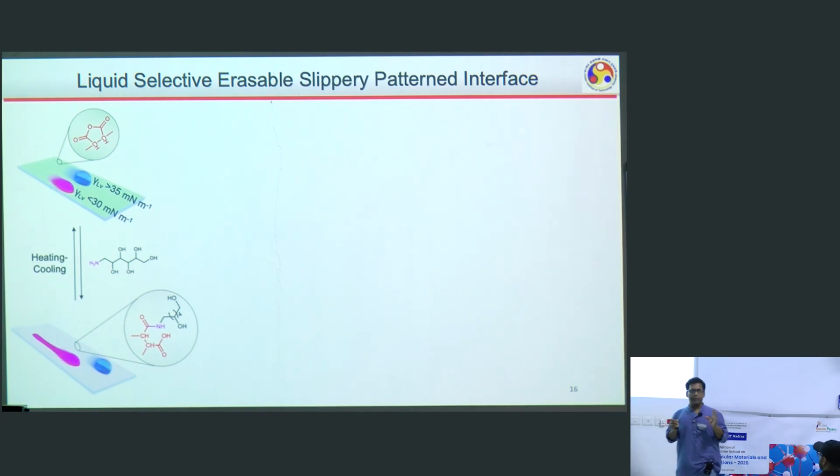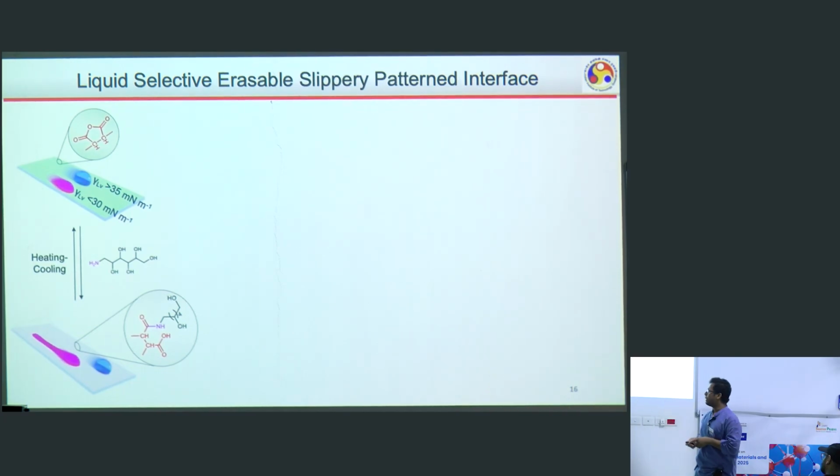we took an interface where the mole fraction is 0.27, which is good to slide both water and ethanol, or say more generally, we say surface tension more than 35 millinewton per meter and surface tension less than 30 millinewton per meter. And then you modify it with glucamine. Okay, the maleic anhydride is available only on the surface, because this is a smooth interface, right?